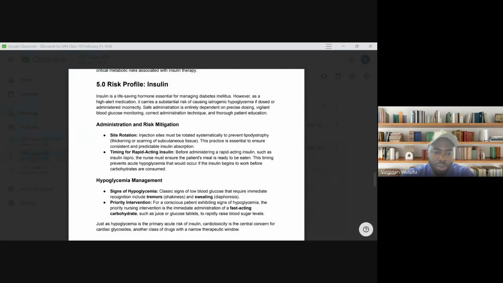Talking about hypoglycemia, symptoms are often associated with sweating and tremors, right? If you have a patient exhibiting signs of hypoglycemia, what will be the priority nurse intervention?